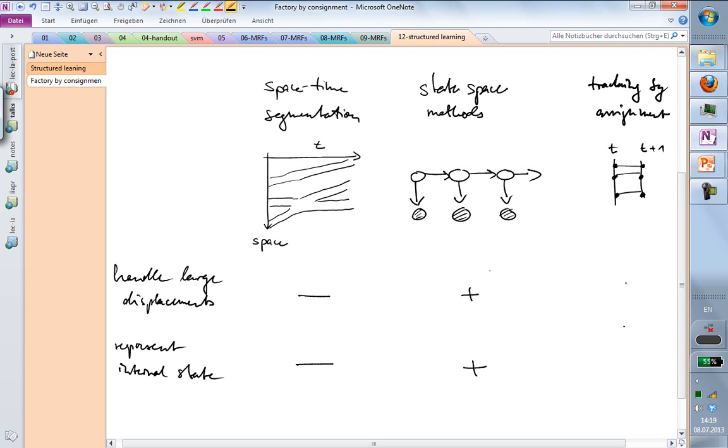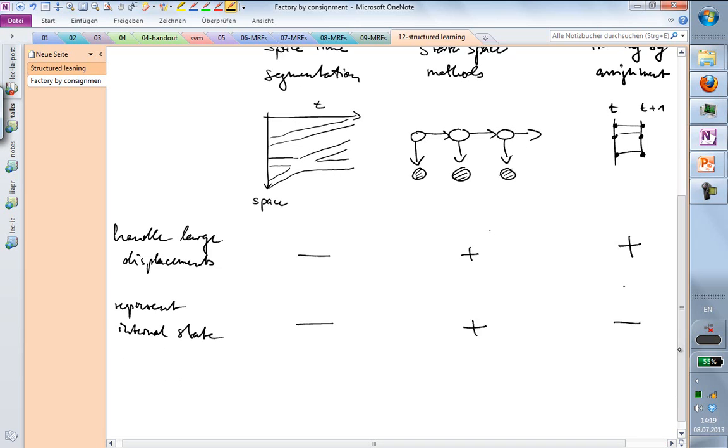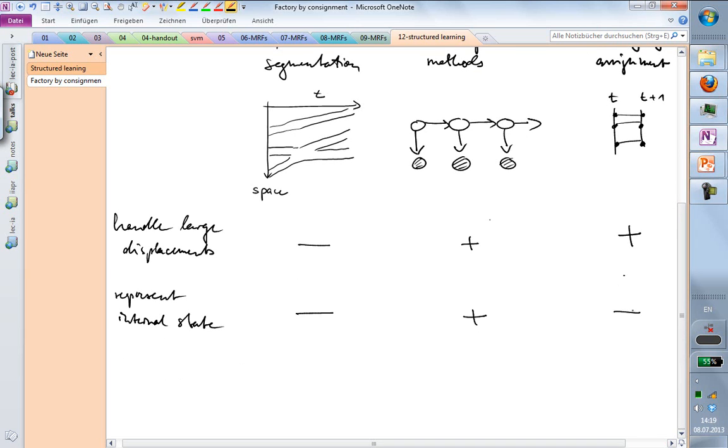This can also handle large displacements. It cannot easily represent an internal state. However, it is much easier to handle an unknown number of particles using this approach. That's harder for state space models. Space-time segmentation can also handle an unknown number of particles.